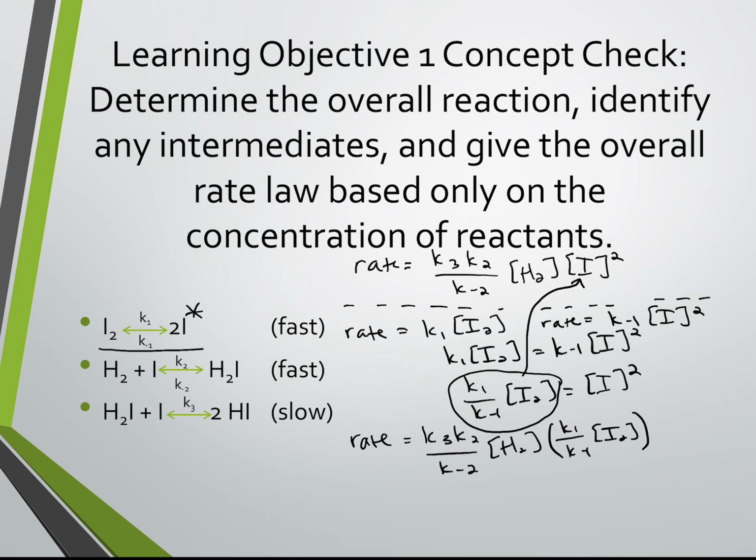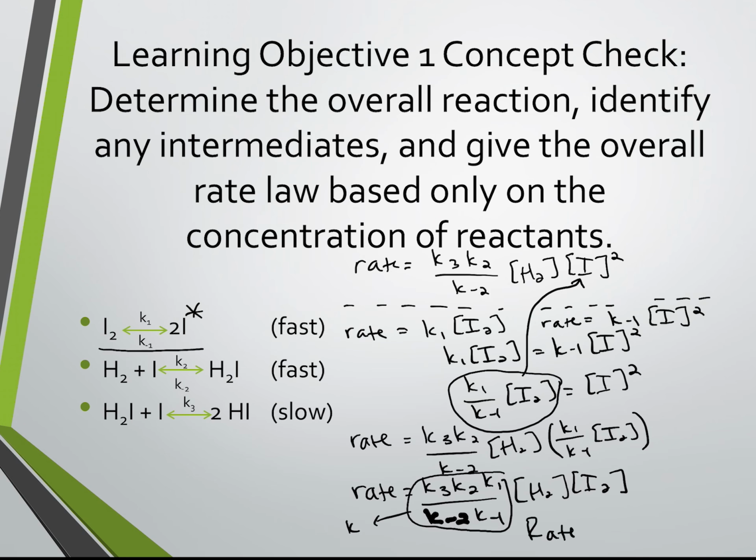Solve for it, we get rate is equal to k3 k2 k1 over k minus 2 k minus 1 [H2][I2], and then we just set this whole thing as k, and we get our big rate equals k [H2][I2], and that's the end.